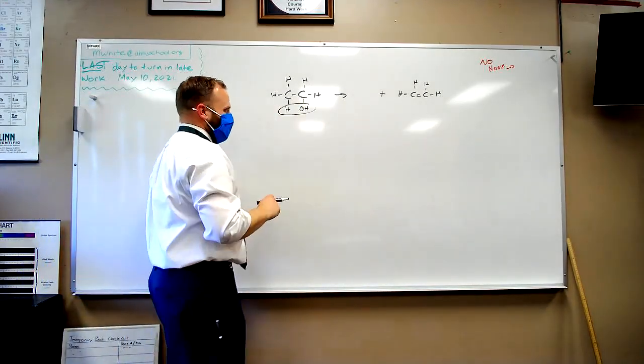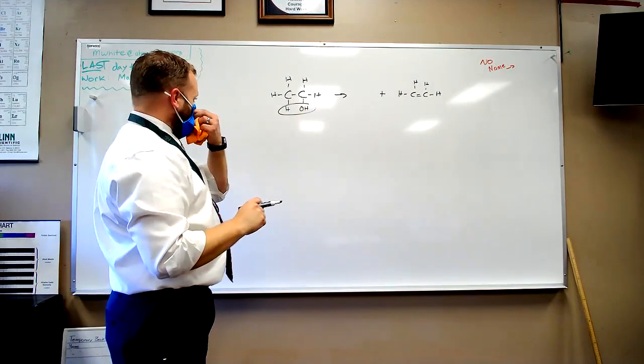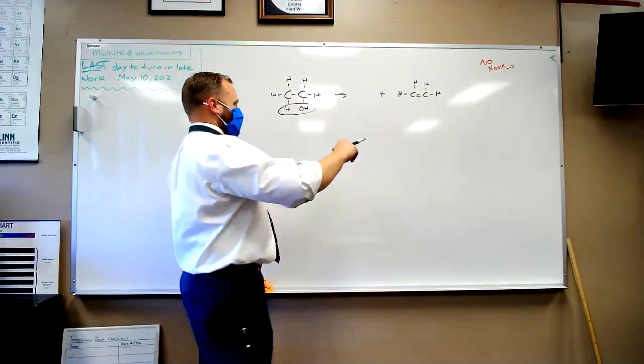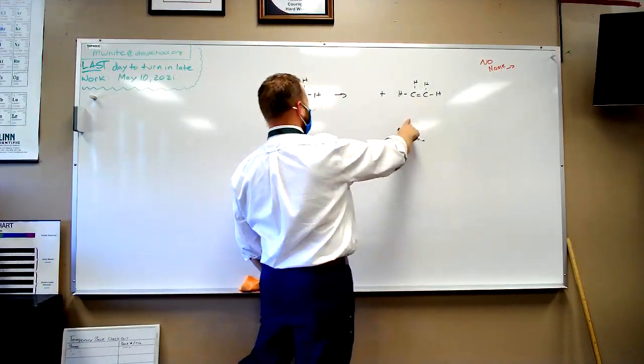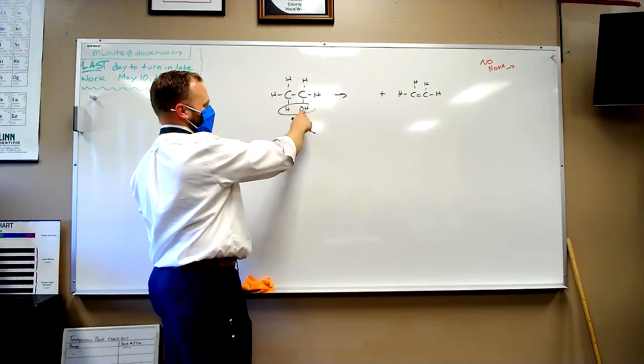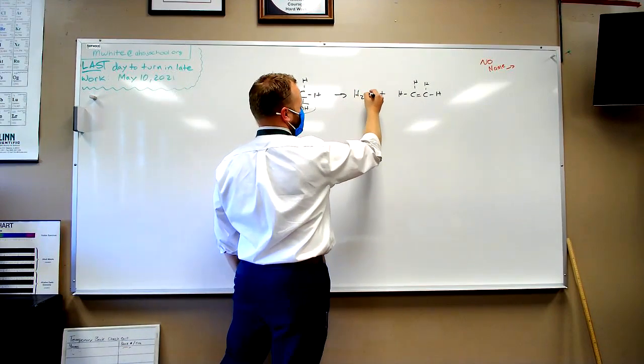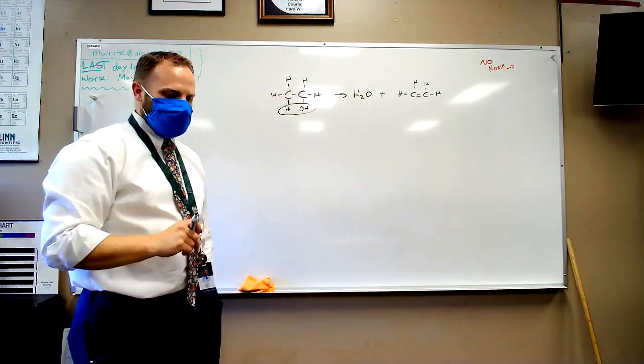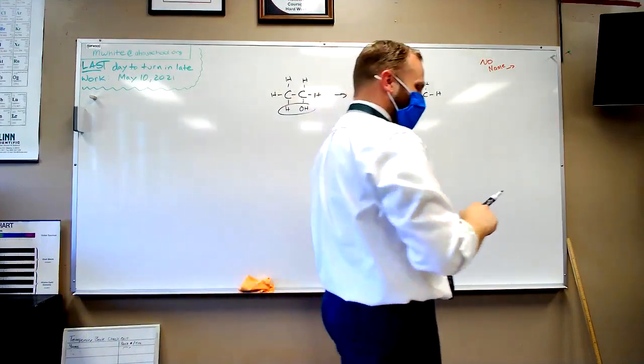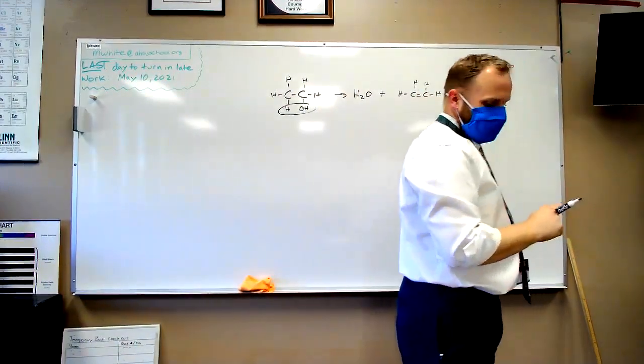We can pull these two off. We are going to end up with the double bond. But here, we have two hydrogens and one oxygen. Water. This is a dehydration.